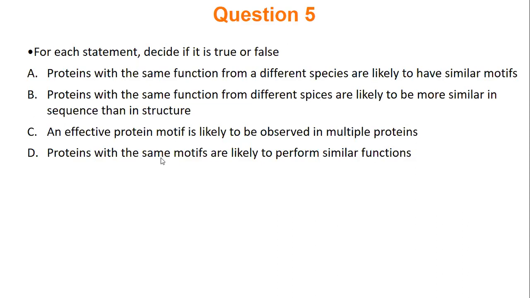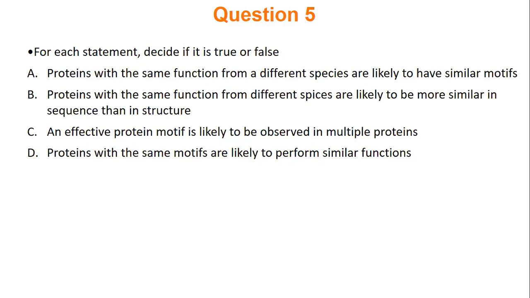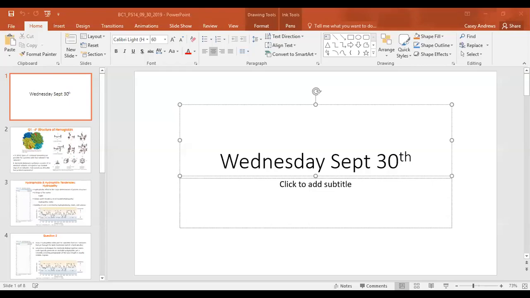If you have the same structure, same domains, same motifs, you're going to do the same exact thing. All right, any questions about that information as I switch my slides? TFTT, yep. True, false, true, true.